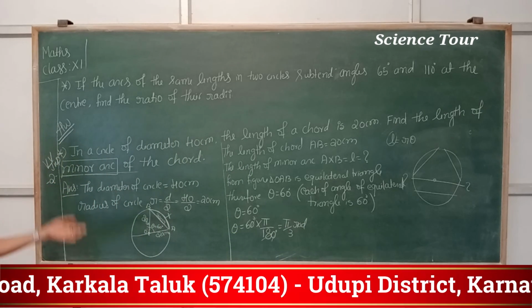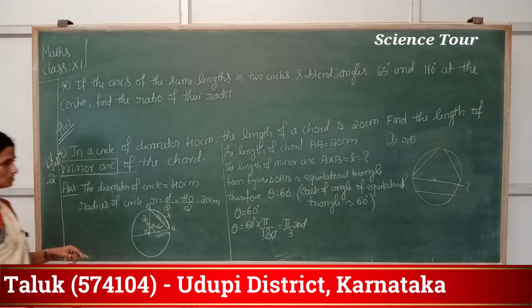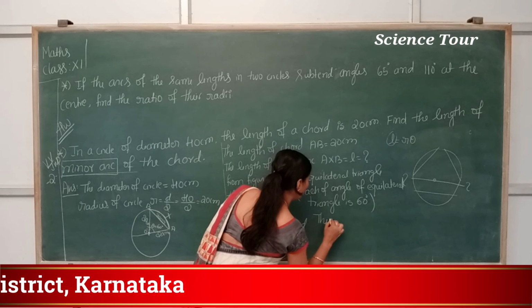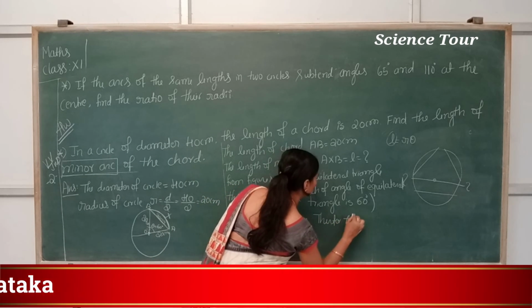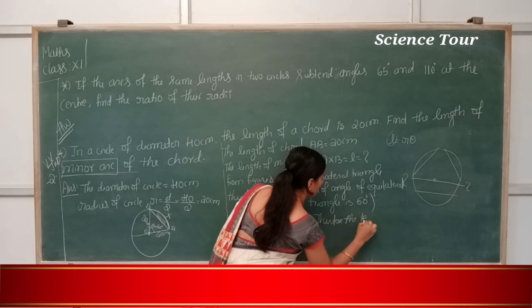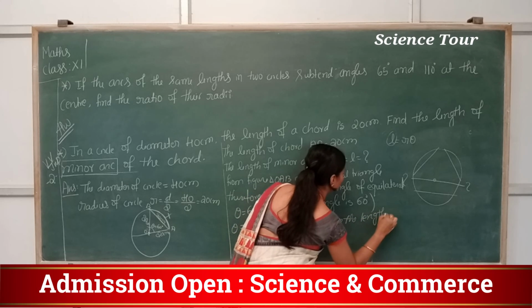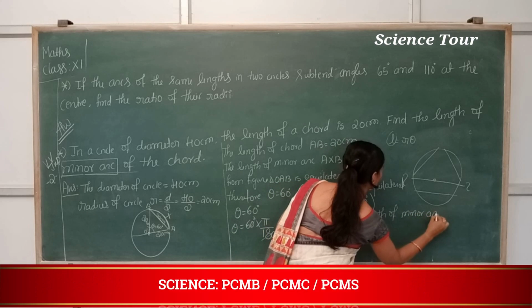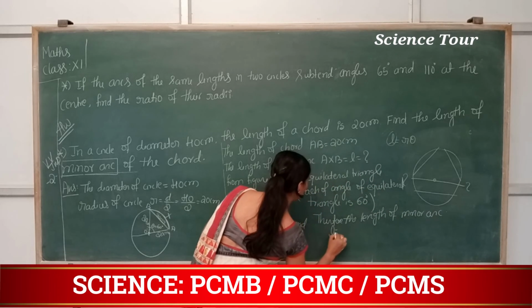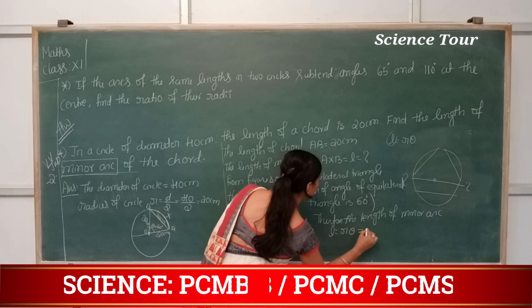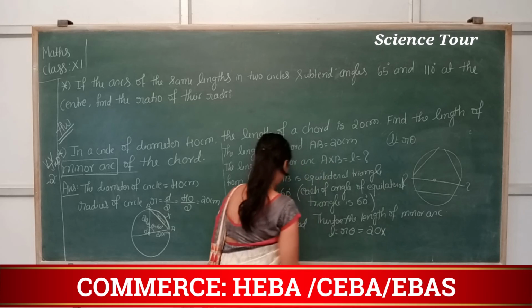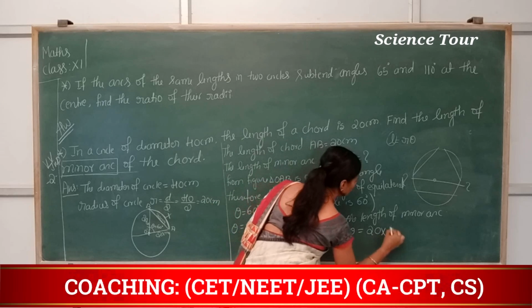Now can you find out the length of the minor arc? Yes, you can. Therefore the length of the minor arc is L is equal to r theta. L is equal to r, which is 20, into theta, which is pi by 3.